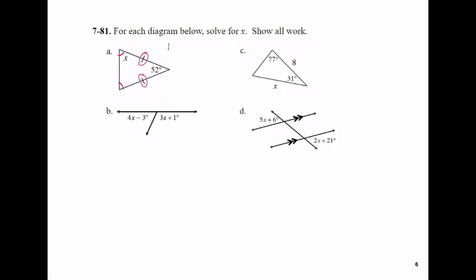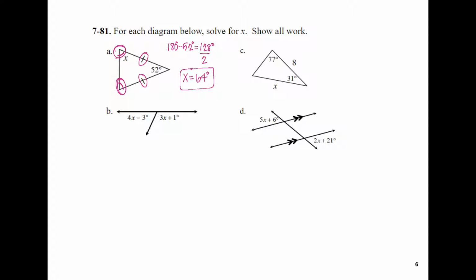So I'm going to take 180 degrees and subtract 52 degrees from it, which is going to give me 128 degrees. I then know that these two angles are congruent, so I divide the 128 by 2, which tells me that angle X is approximately 64 degrees.